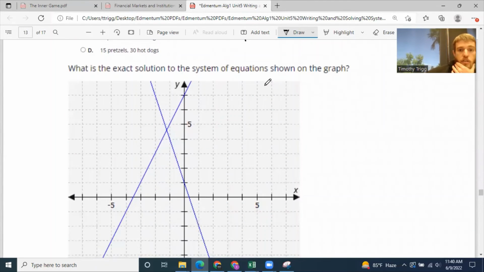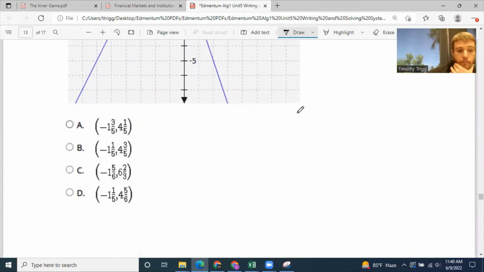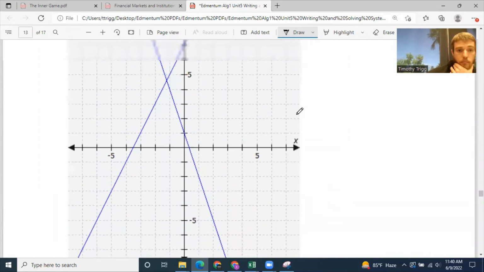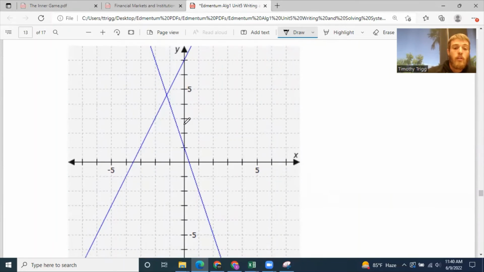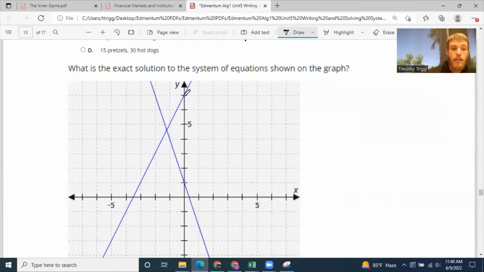So, what is the exact solution of the system of equations shown in the graph? Okay, well, what I would want to find is the equation for both of these lines. Let's go ahead and find the equation for this line first. My y-intercept is 7, so I know it's going to be y equals mx plus 7.